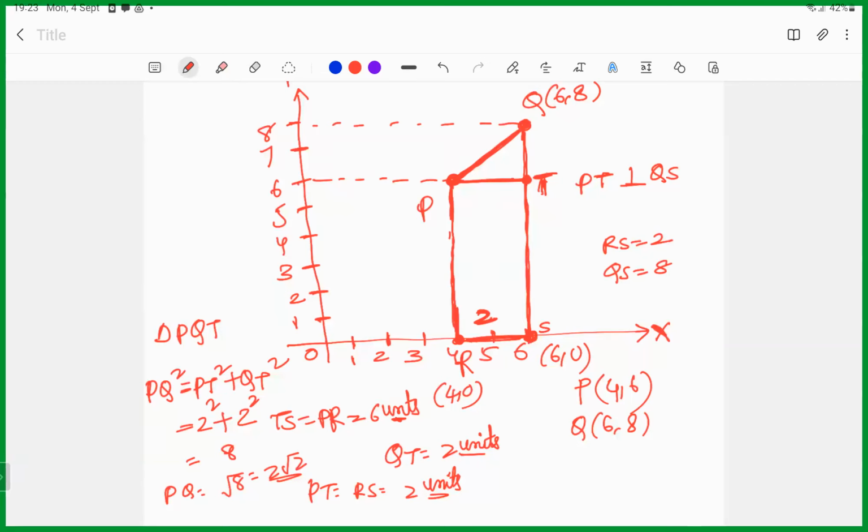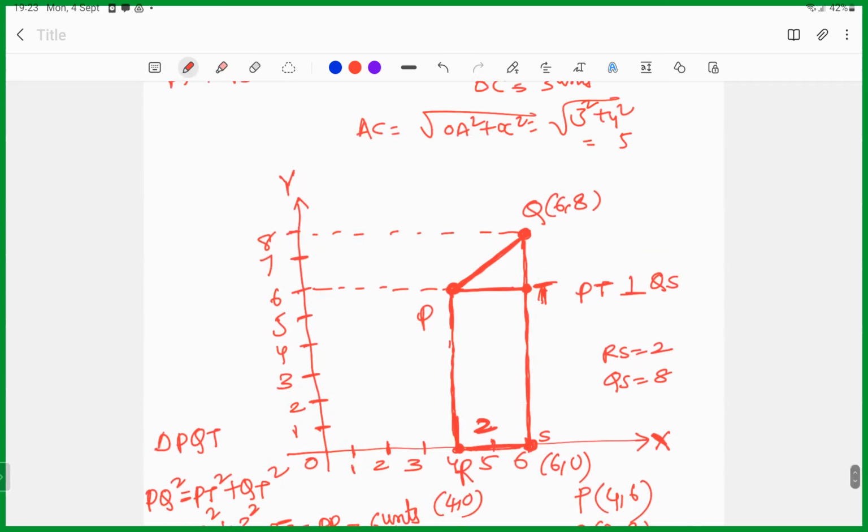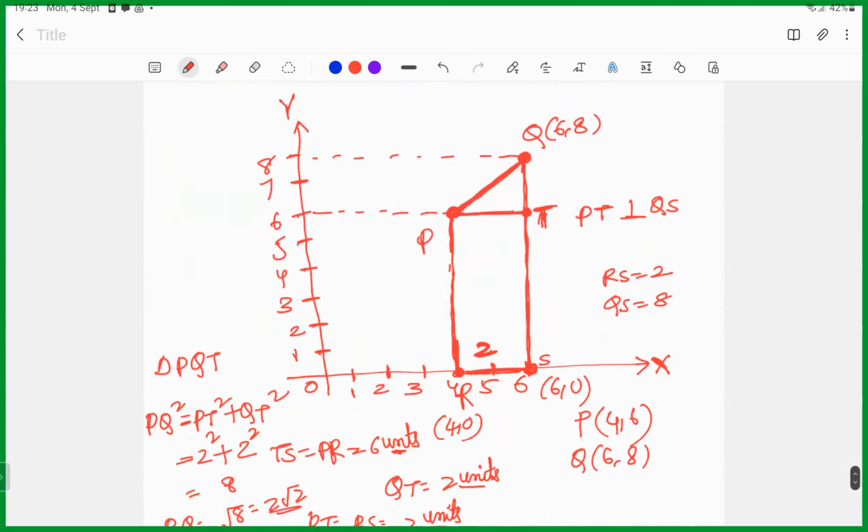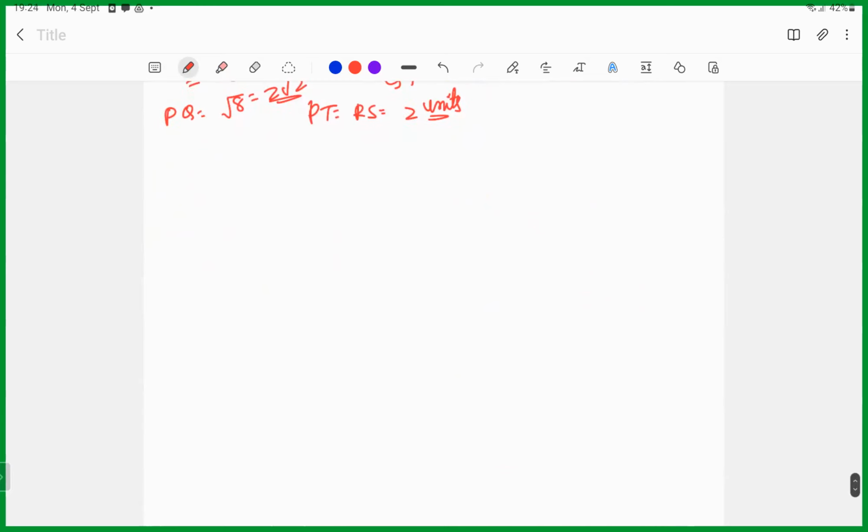So I will give you the general formula. Now, how will you find the distance between 2 points in 2 different quadrants? Now these were all in the first quadrant. Let me tell you: this is x, y. This is plus plus.